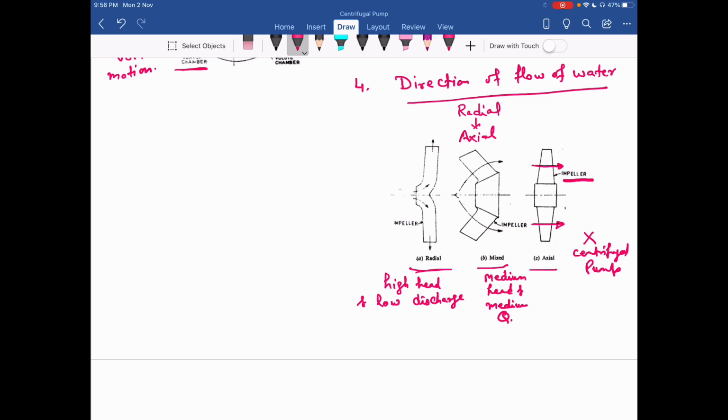Okay, but we have such type of pumps also. So this pump is called the axial flow pump. So this is normally used when there is a requirement of low head and high discharge.